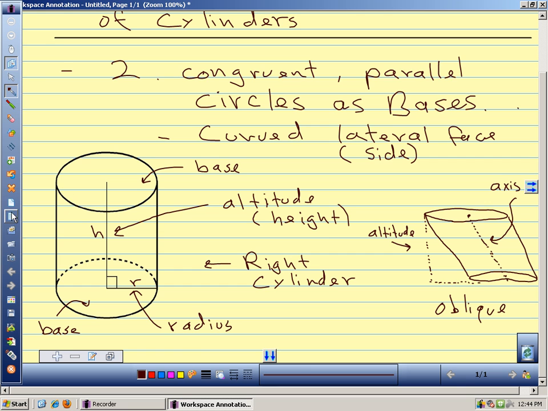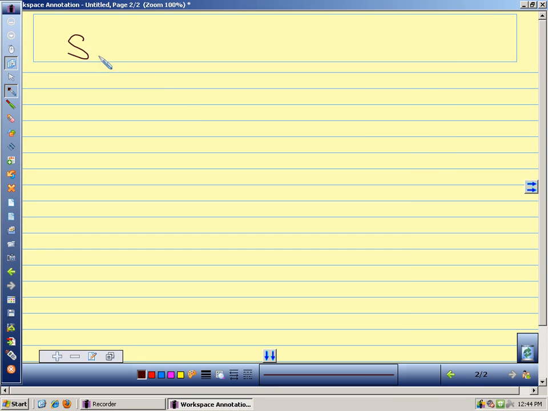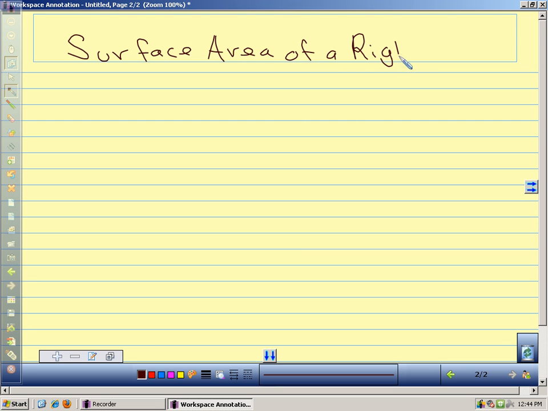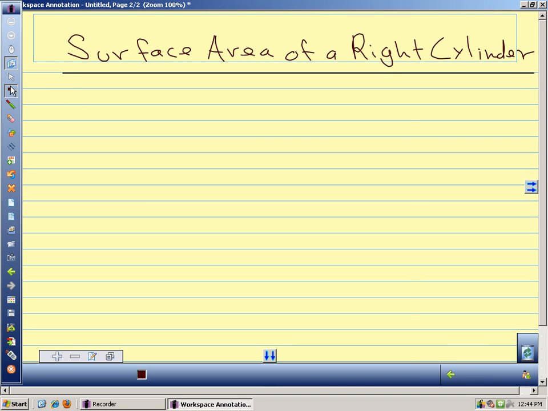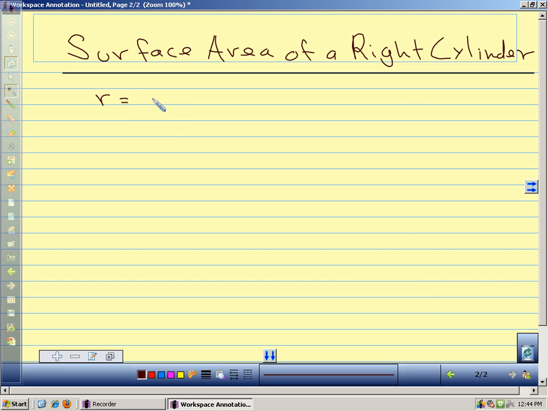All right, let's talk about our formulas. We're going to have our surface area formula and our volume formula. So our surface area of a right cylinder. This formula only works for right cylinders. The only things that we need for our formulas for a cylinder are the radius and the height. So R is the radius and H is the height.